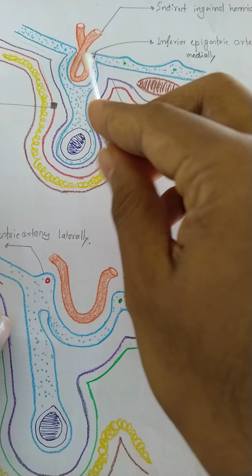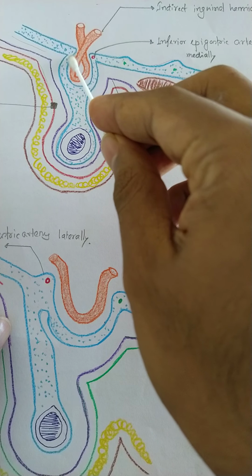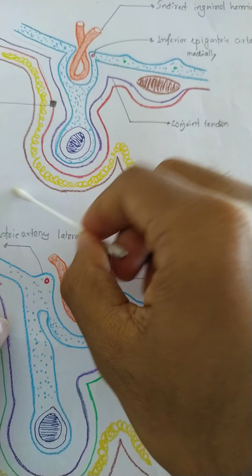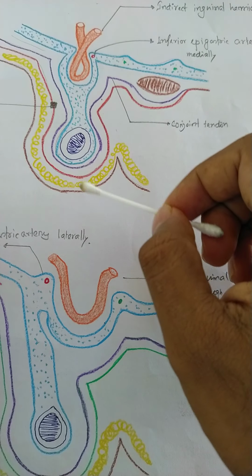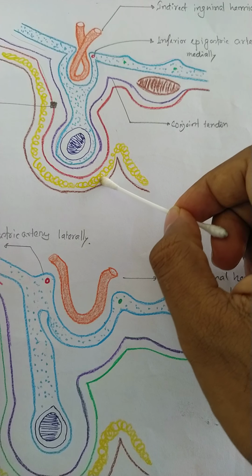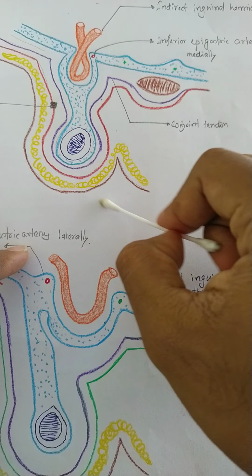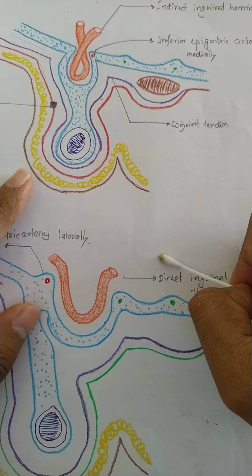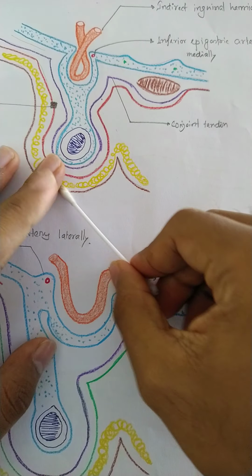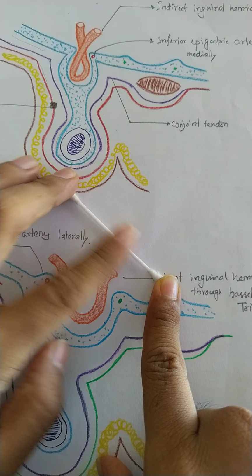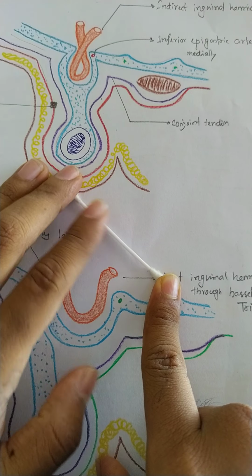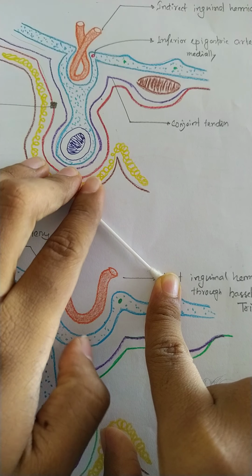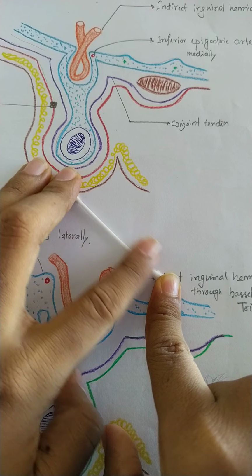The deep inguinal ring is just 1.25 centimeters above the mid-inguinal point. If we make an imaginary line of the oblique inguinal ligament, this is the inguinal canal, situated up to the inguinal ligament.